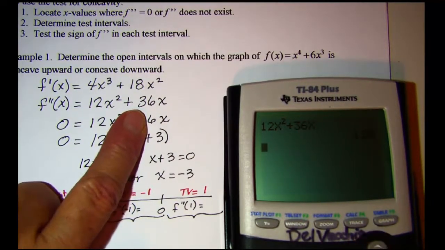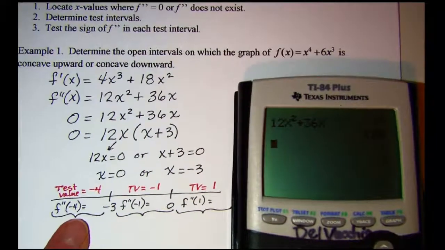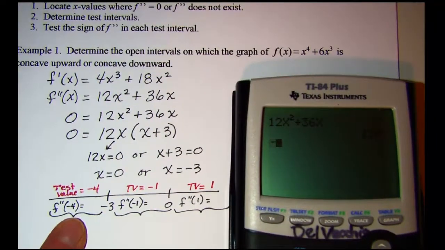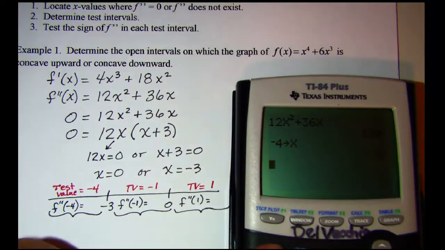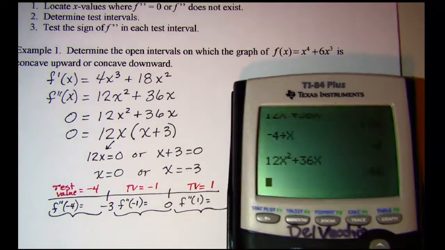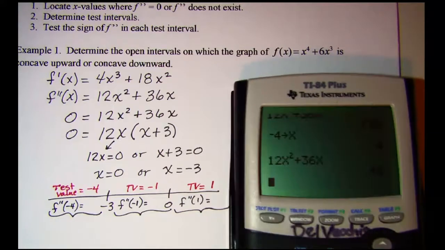Let me insert -4 and store that in the memory for x. And we see then that the value when x is -4 is 48.